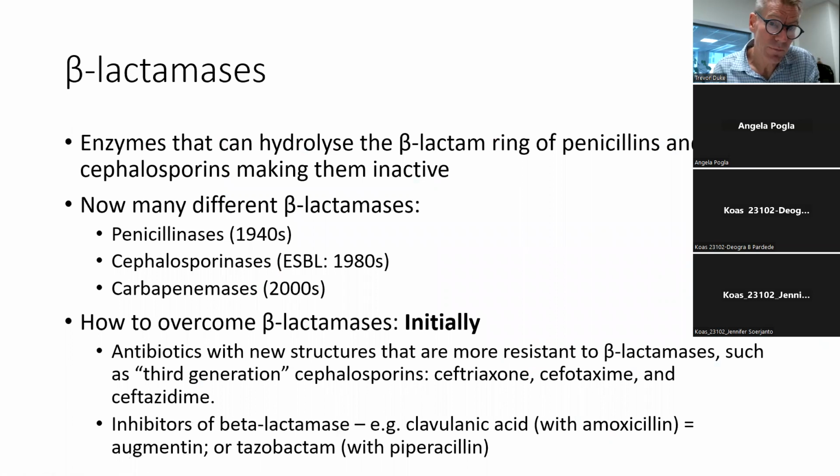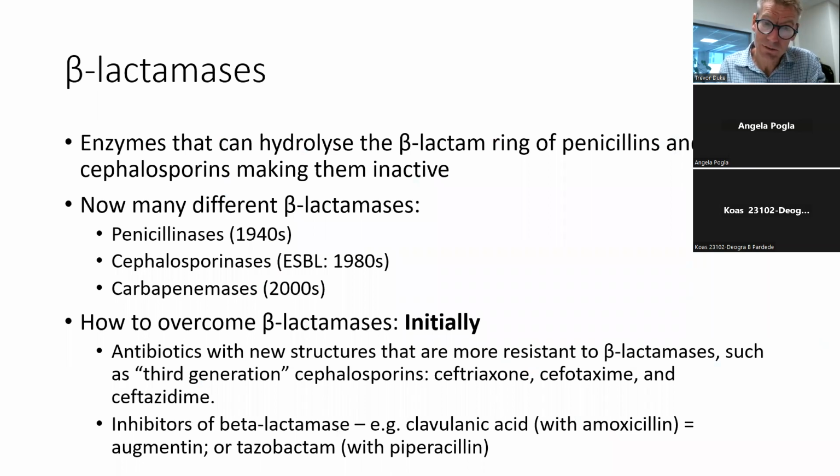And there are many different types of these enzymes, but as I said, when antibiotics were first used, when penicillin was first discovered, it was effective against Staph aureus. And in fact, certainly the first child in whom penicillin was used was a child who had severe staphylococcal osteomyelitis and sepsis.